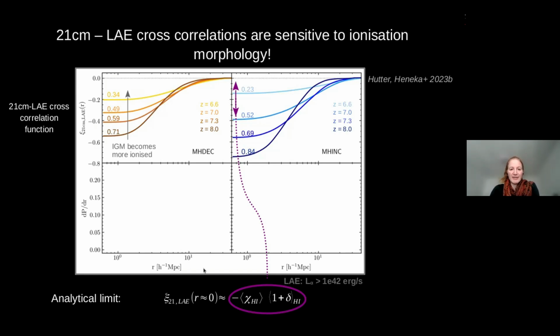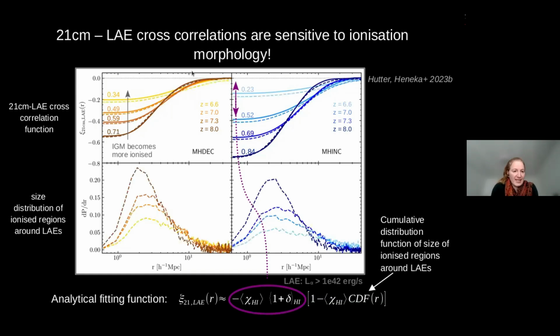So far, this was very predictive, but we actually wanted to go a step further and ask ourselves, can we actually describe the entire cross-correlation function analytically? If you think about this, what the cross-correlation describes is the average 21 centimeter profile around a Lyman alpha emitter.